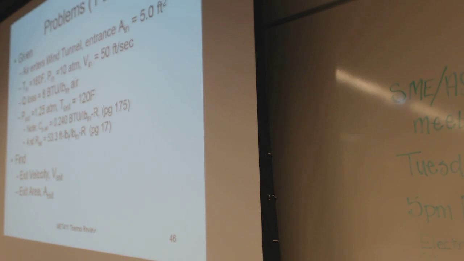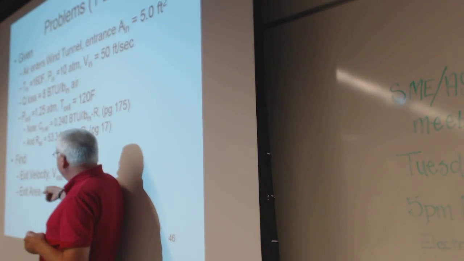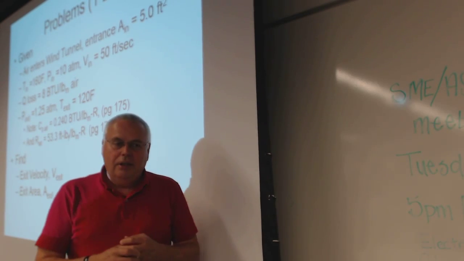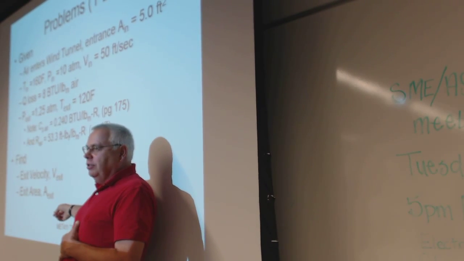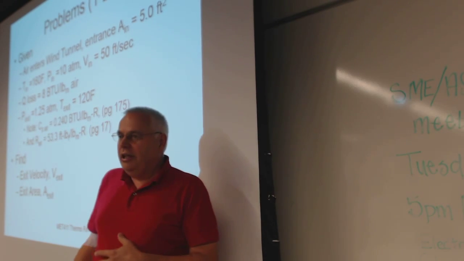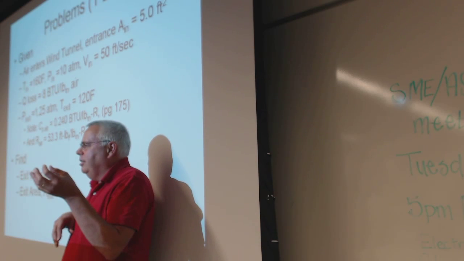We were working this problem, and we got this far, but we haven't gotten quite that far. I'm also going to do one more thing, and that's what is the mass flow rate. All these properties are intertwined, so you can't just change the temperature.